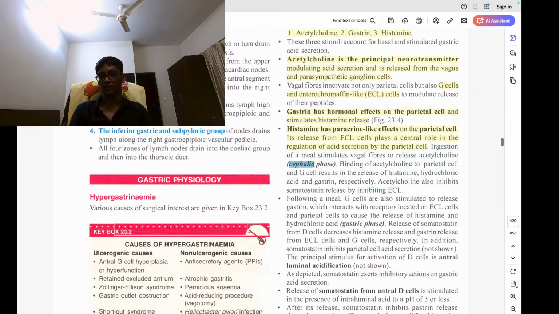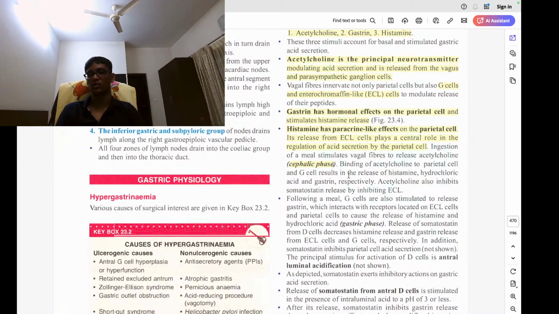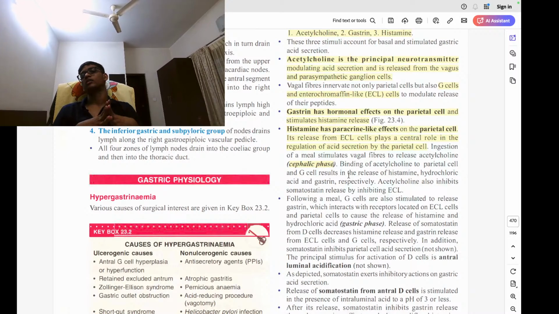Then you have the cephalic phase, and binding of acetylcholine to parietal cells and G cells results in release of histamine, hydrochloric acid, and gastrin respectively.